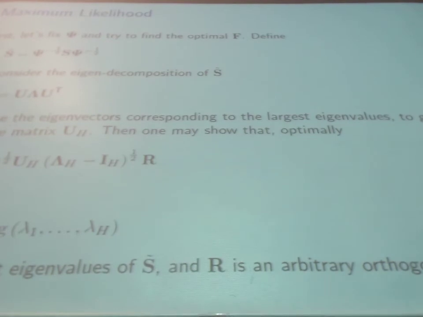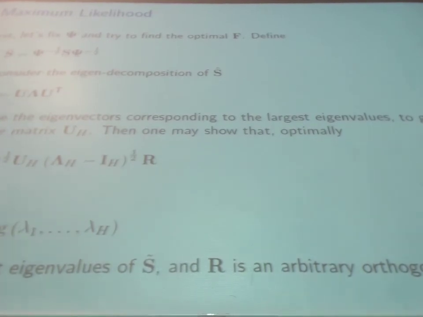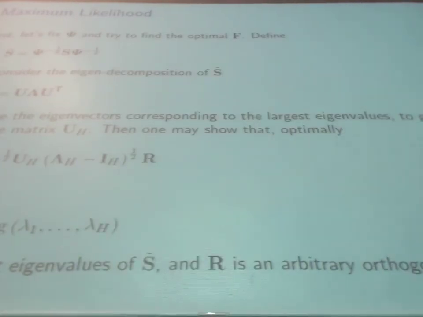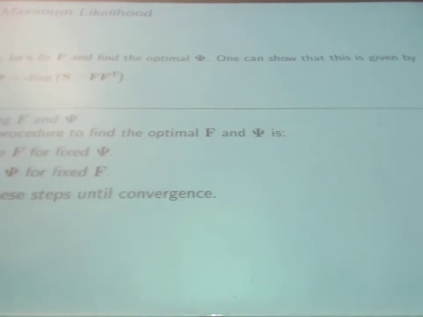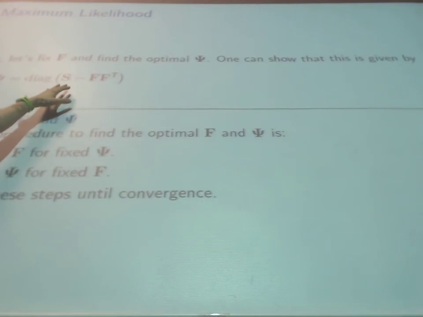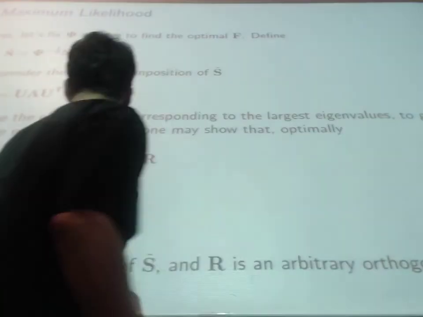Okay, so this is the optimal solution for f given psi. And then you can more easily show that the optimal psi for given f is just given by this expression here. It's just the diagonal of S minus FF transposed. So this is easy. You make some guess of, say, psi. Maybe you set it to the identity matrix to start with. Given psi, you make an update here.